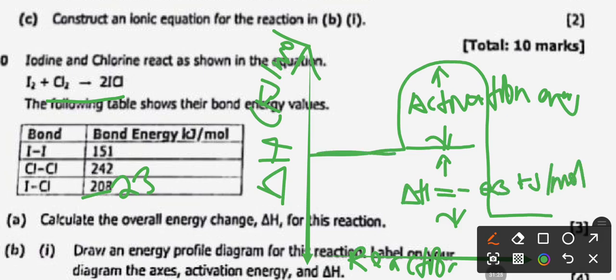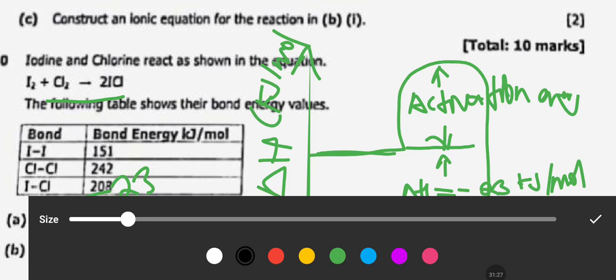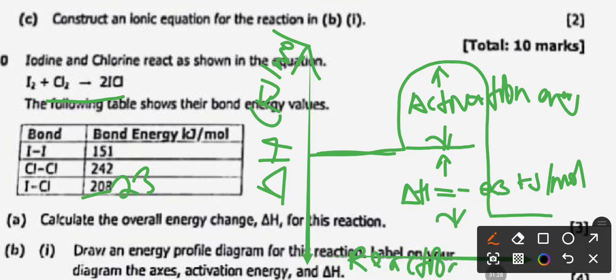And on this part here, what we will need to write are the reactants. Then on this part here, we need to write the product, which is iodine chloride. So that's how the energy profile diagram will look.